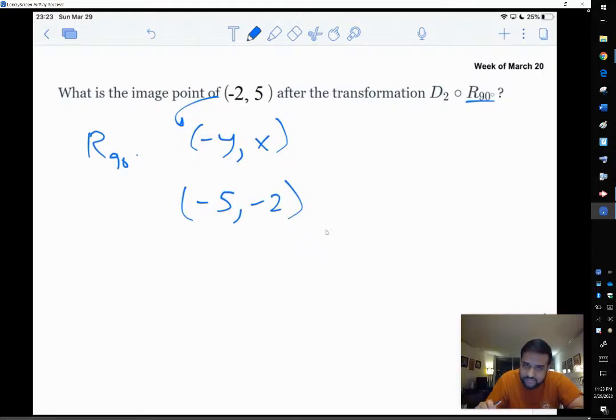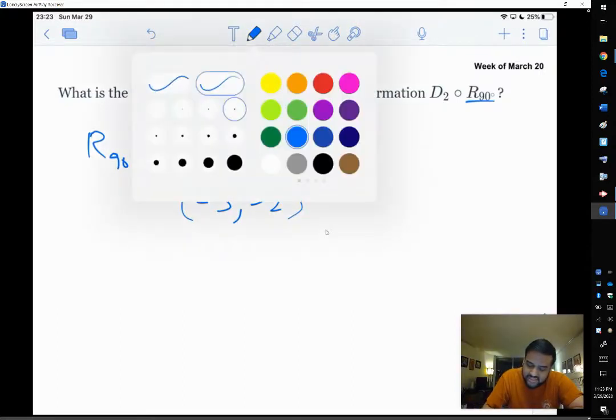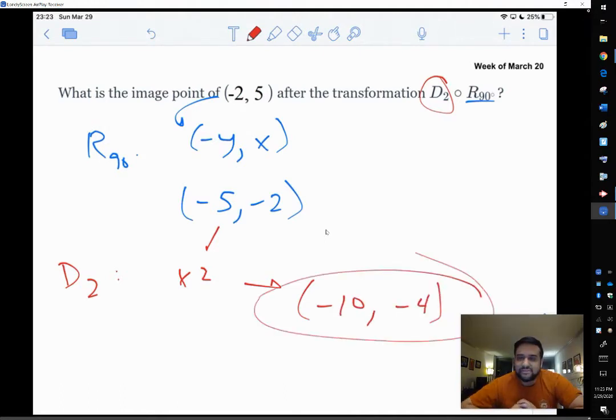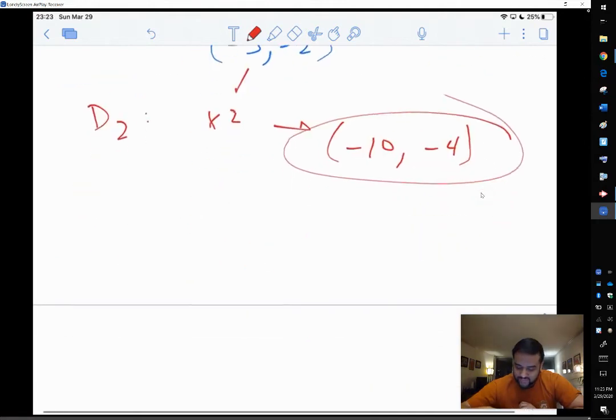What do you think D stands for here? That's right, a dilation. Dilations require scale factors, and probably a safe assumption is that the dilation scale factor here is 2. So just multiply by 2. And if we do so, we get negative 10, negative 4. And that's it. And we're done.